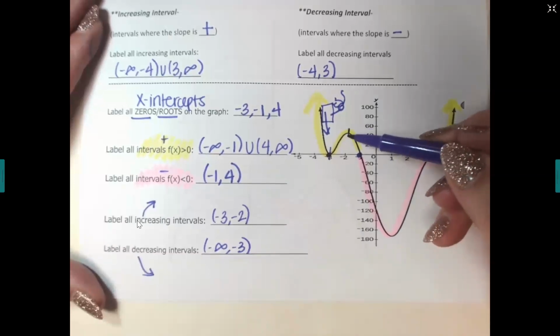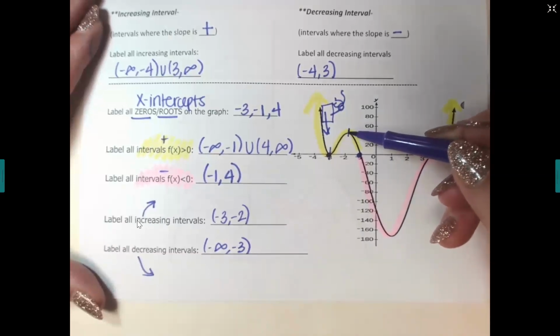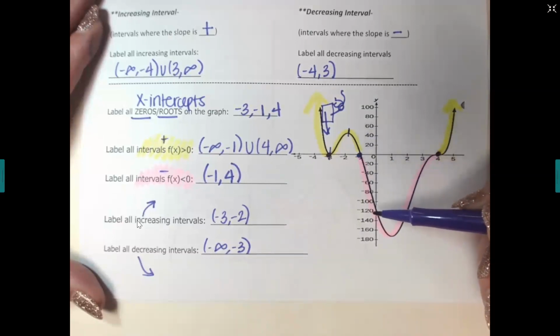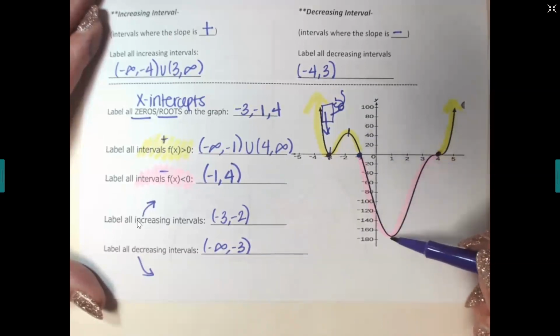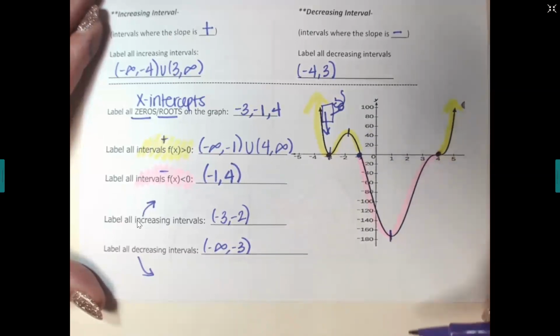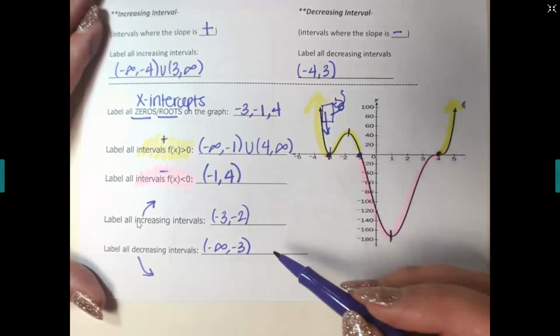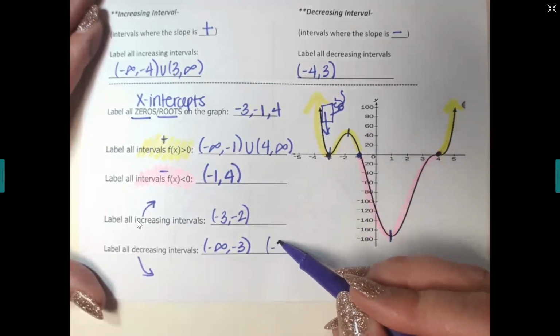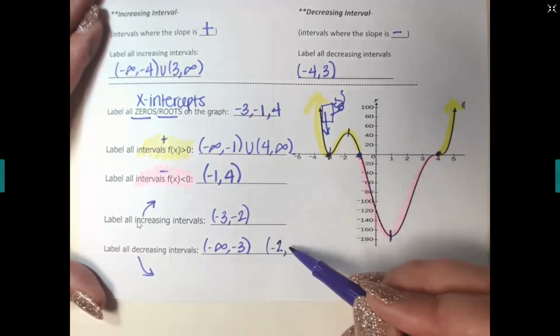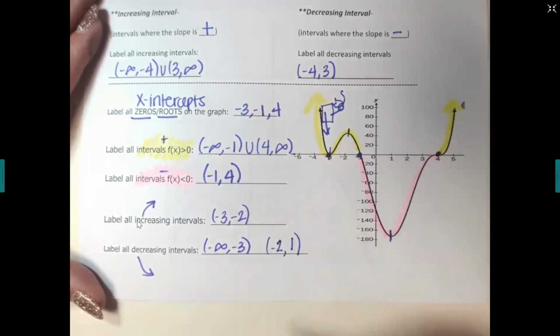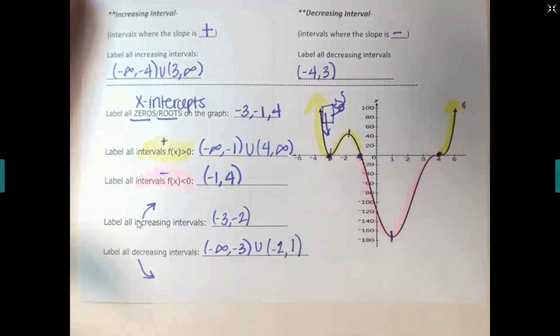Then when I get to the top of the hill, this is now another big downhill all the way until where? Okay, it looks like it bottoms out right here at 1. So from -2 to 1, if I have a downhill slope, I'm going to list that as decreasing. And then don't forget your little union.